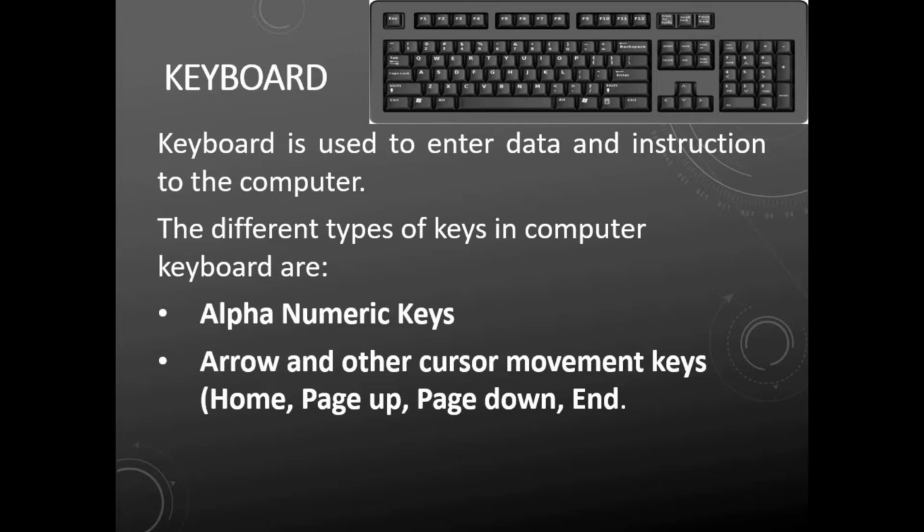Similarly, the down arrow brings the insertion point to the next line. The left arrow moves the insertion point to the left by one character, and the right arrow moves it to the right by one character. Page up is used to move to the previous page, and page down brings you to the next page.